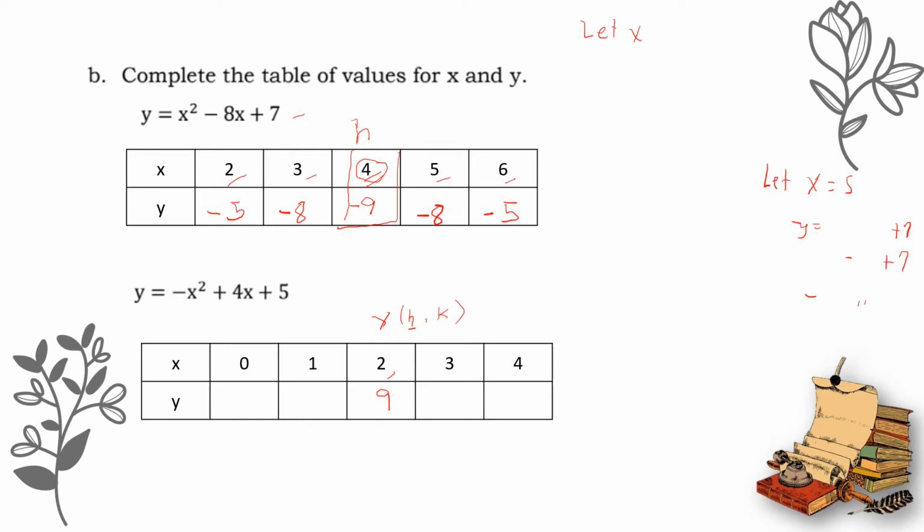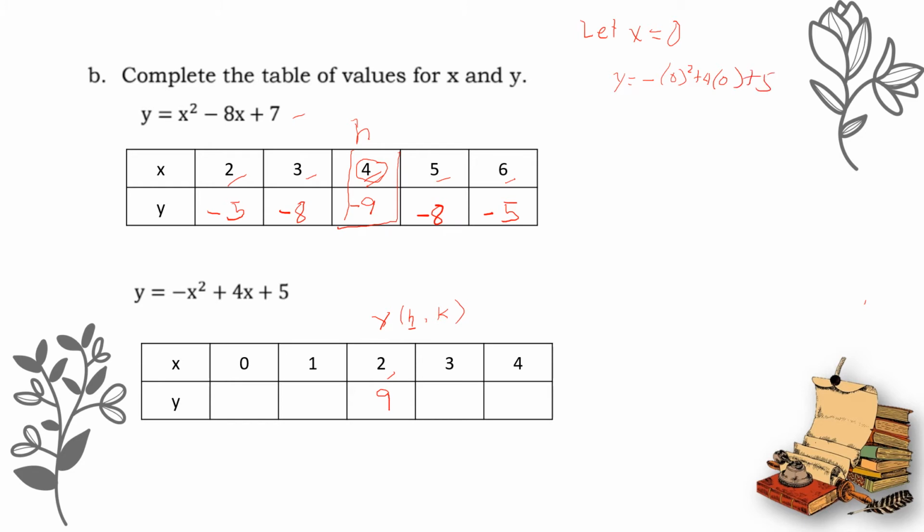Tapos, kuha ka din po ng dalawang less than. So, ano po ba yung sunod sa number line? Yan po ay 1, then 0. Tapos po, magle-let x na naman tayo. Unahin na natin, let x is equal to 0. Pag sinubstitute po natin, y is equal to negative 0 squared plus 4 times 0 plus 5.